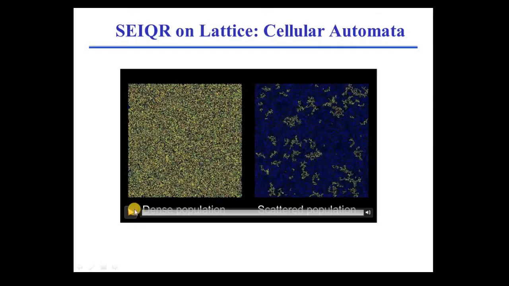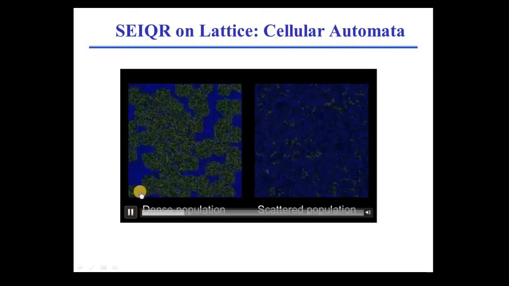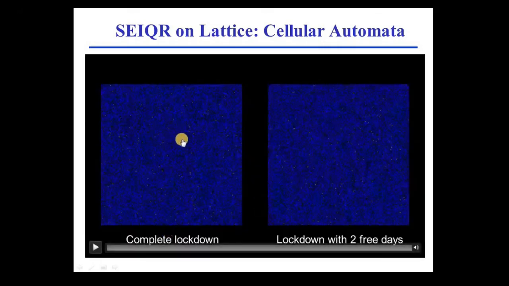So similarly, you can consider scenarios where a lockdown can be implemented, or movement restriction you can say, right? So in this way you can simulate different aspects. For example, here in the left one I have simulated a complete lockdown versus lockdown with a certain free period.